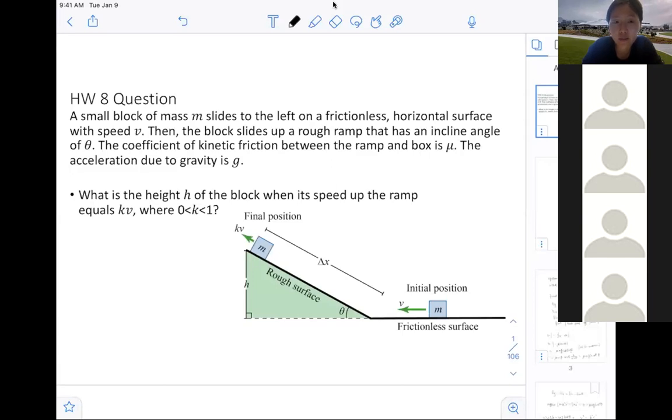I posted one of the examples with last Monday's lecture notes, so you can check that question there, but I wanted to use another problem to go through an example where there's friction. This one is one of your homework questions for this week.